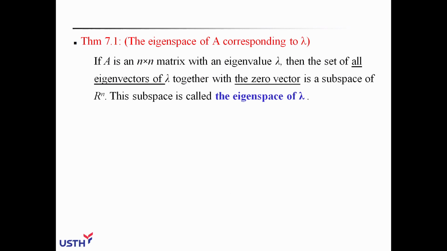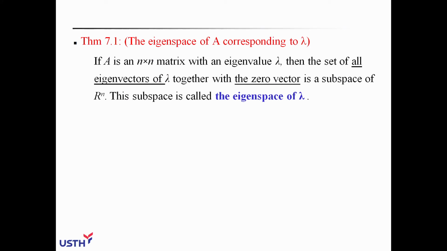Now, that one we have not yet studied, as I remember. Suppose that A is a square matrix of order n, and we fix an eigenvalue lambda of A. Now we consider the set of all eigenvectors corresponding to lambda, together with the zero vector.